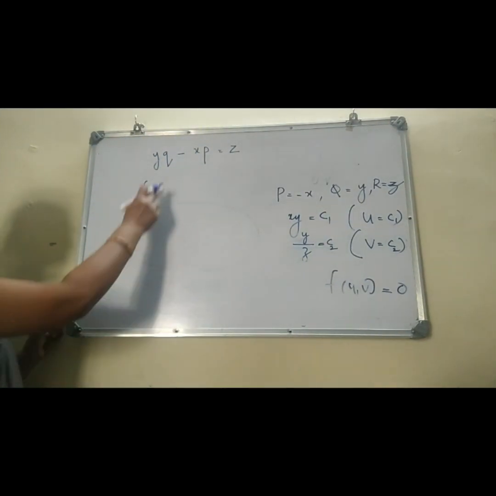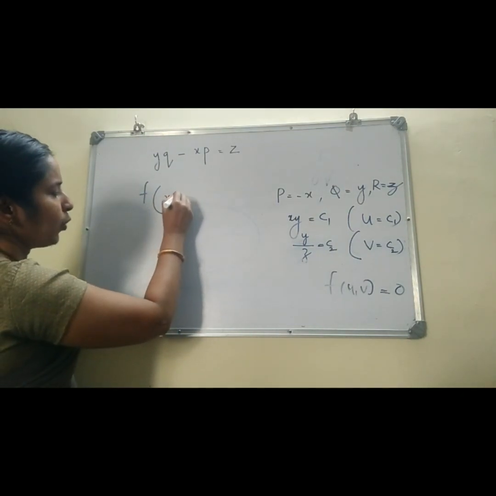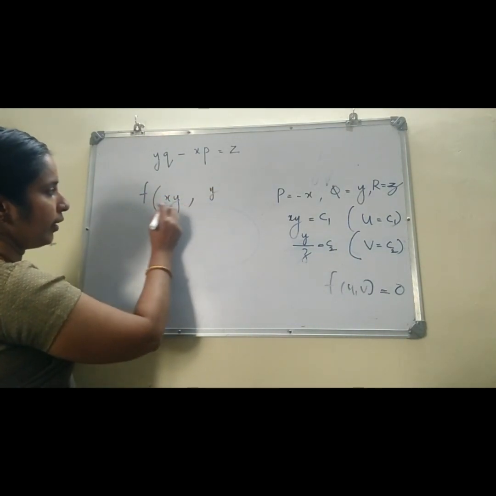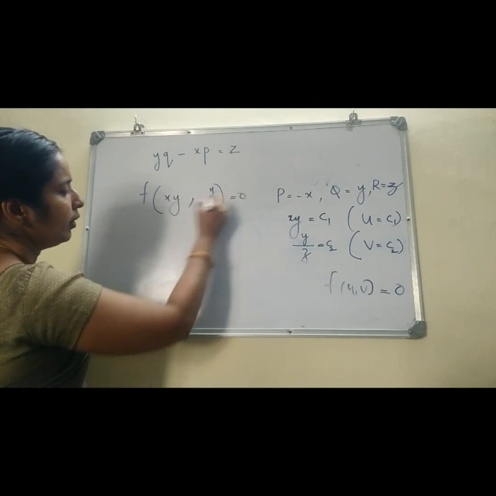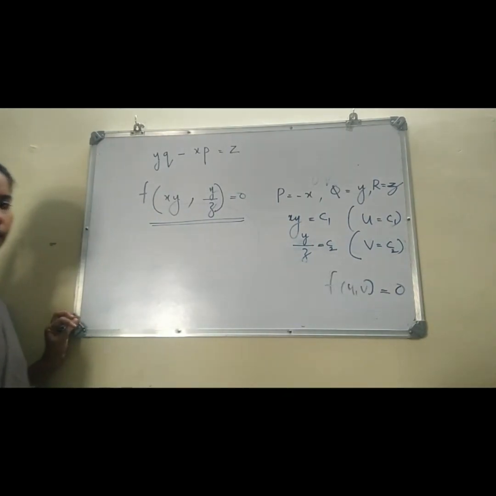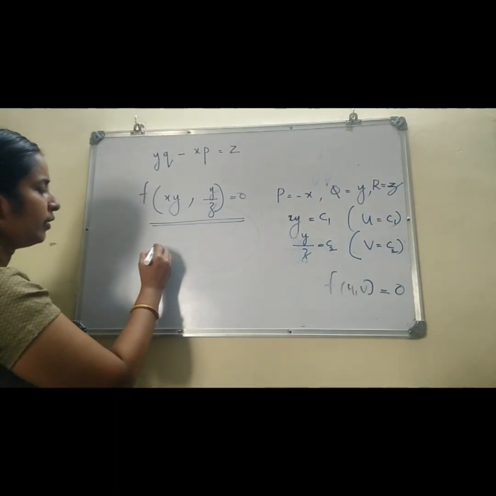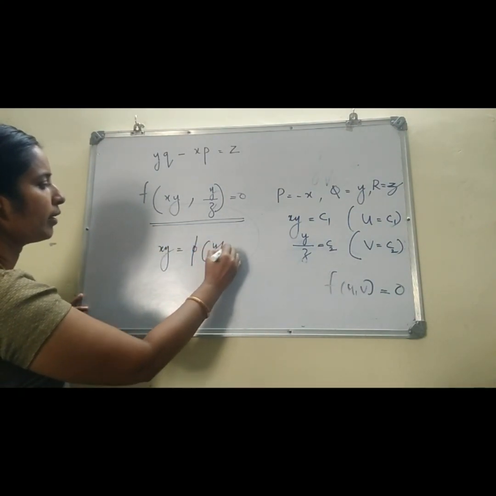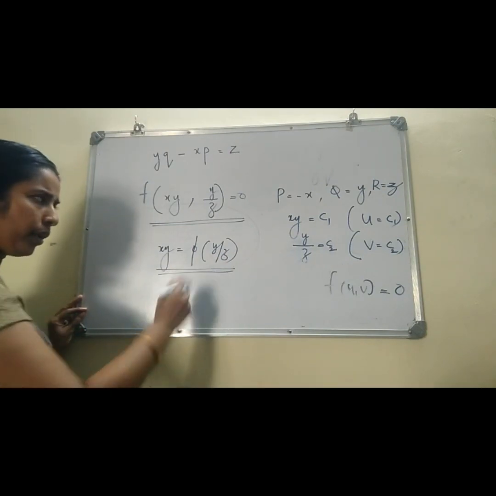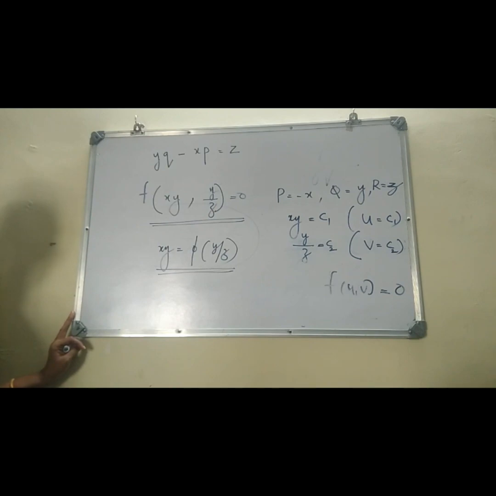So the solution of this differential equation is f of xy, y by z is equal to 0. This is the solution. Or you can write it as xy is a function of y by z, or you can write it as y by z is a function of xy.